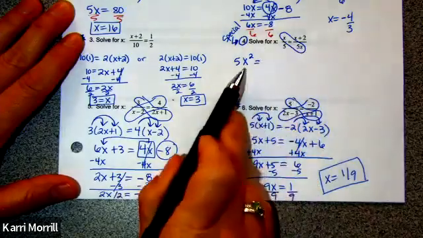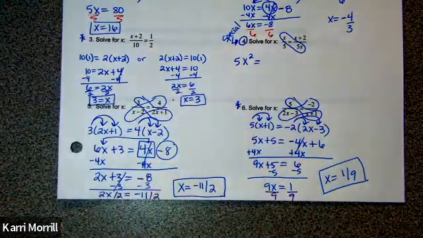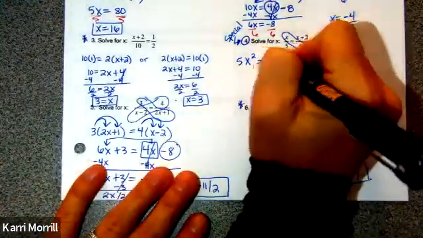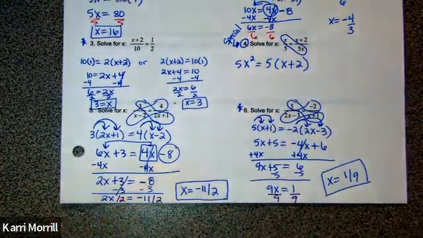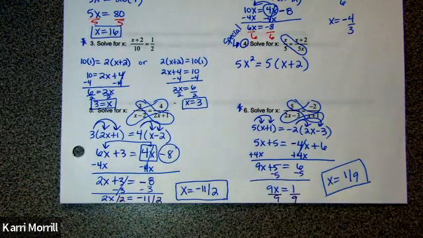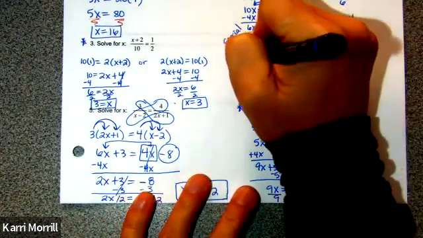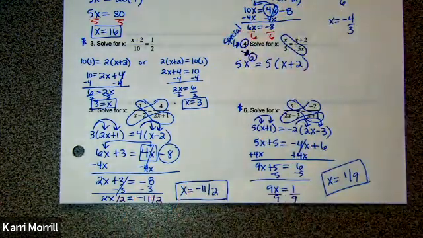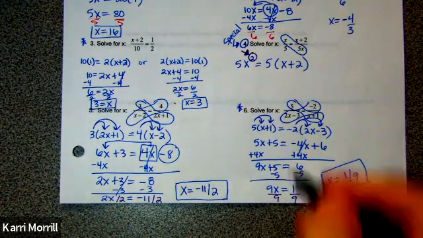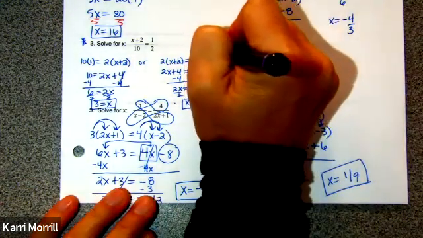Because x and x make 2 of those, so x squared. And then I'm going to take 5 times my x plus 2 on the other side. And because of the squared right there, once we start moving stuff, but I just want to identify it right now, this means that this is a quadratic.